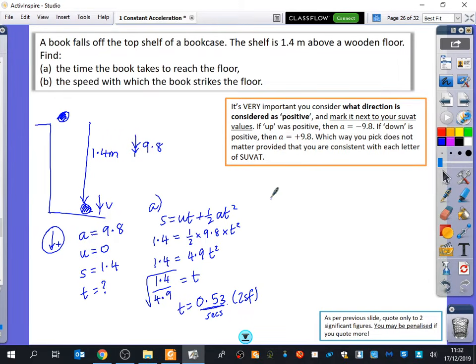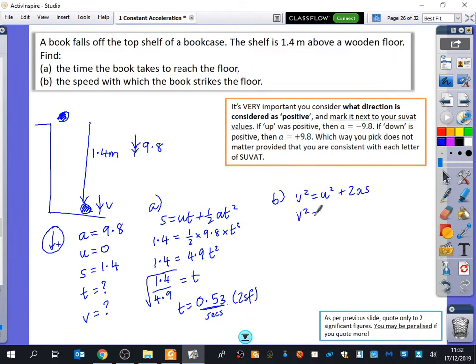So for part B of the question, we're trying to find out now what v is equal to. Which equation do you think is going to be best to use? Yeah, because what if we made a mistake with t? If we made a mistake with t, then we're going to get v wrong as well. So I think we're better to use a, u, s, and v, which is v squared equals u squared plus 2as.